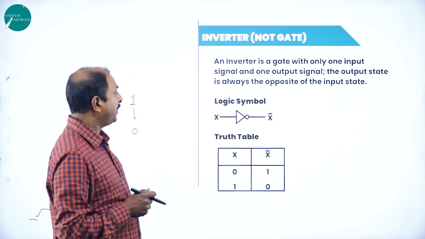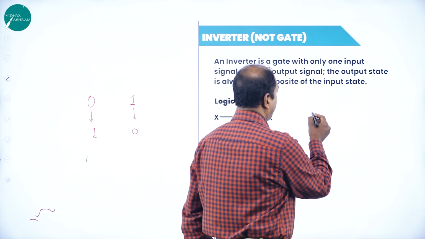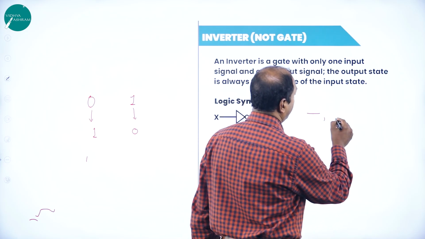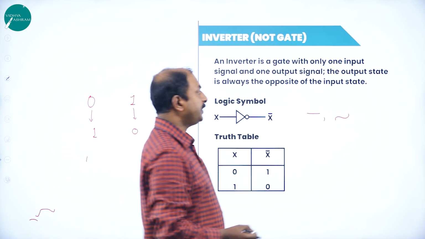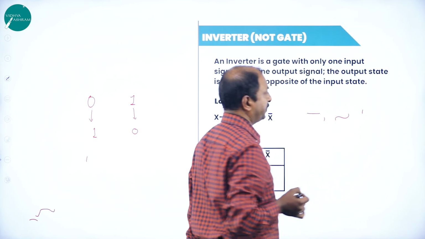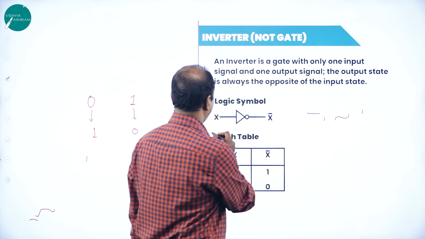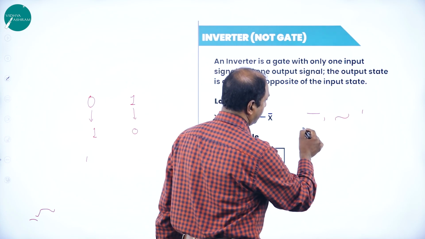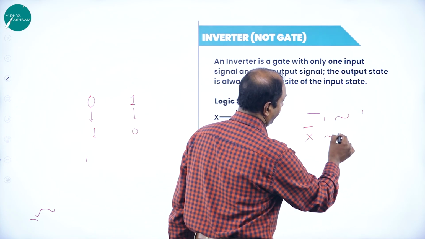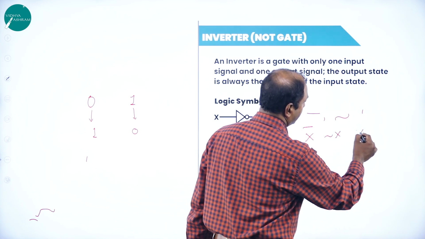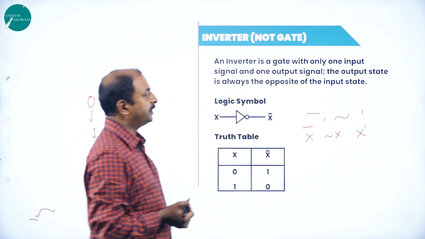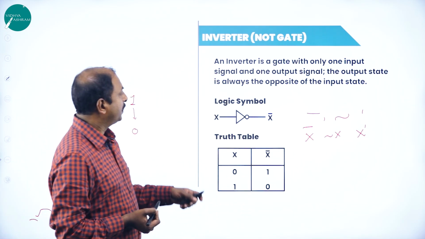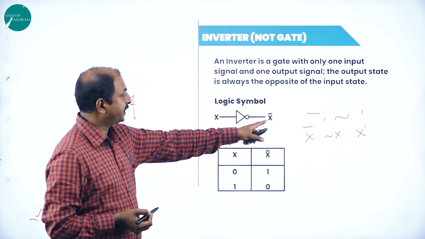We represent the NOT gate with a bar, or we use a tilde. One more symbol uses a single quotation mark. So X is the input and the output is represented as X bar, tilde X, or X apostrophe. This is how we represent the NOT gate.